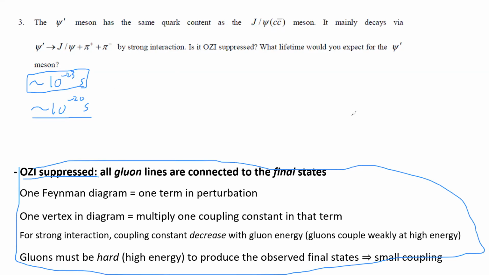So if the gluon lines are all connected to the final state, like this, then the gluon will have a higher energy than in this case.